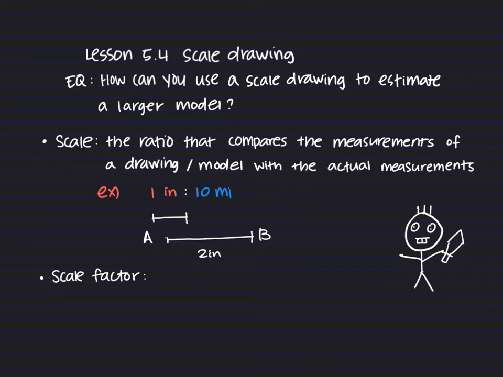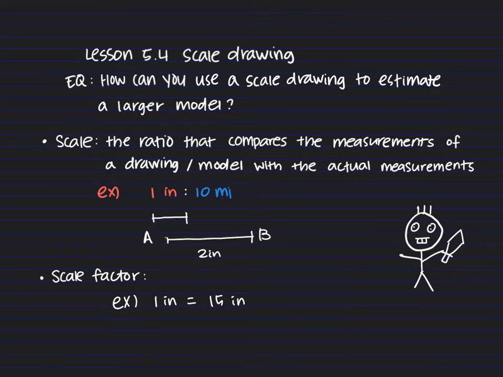Now when we look into this example, we have 1 inch equals 10 miles. What if you have units that are the same, that you can just use one unit? Let's say instead of 10 miles, you can say 1 inch actually equals 15 inches. It's going to be a smaller model, but when you actually see the real thing, it's going to be 15 inches long for 1 inch.